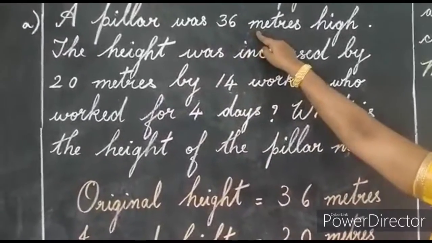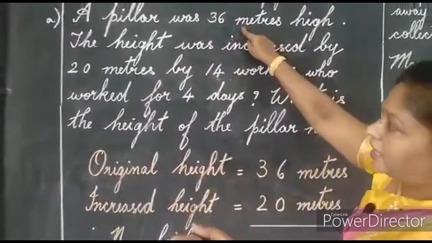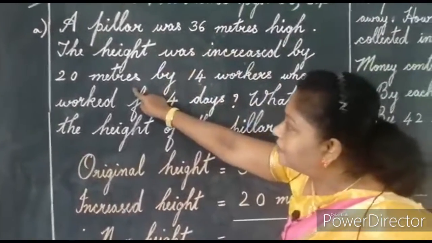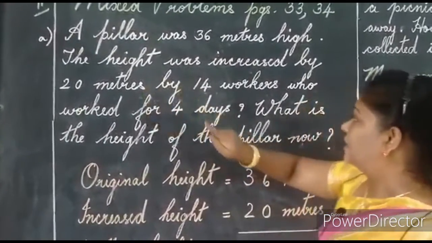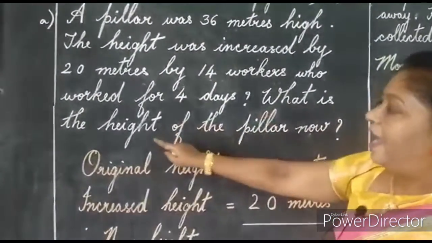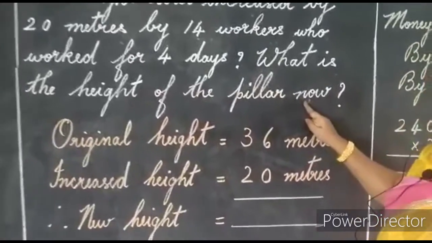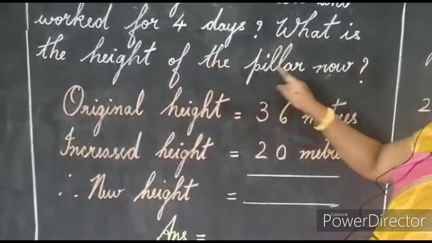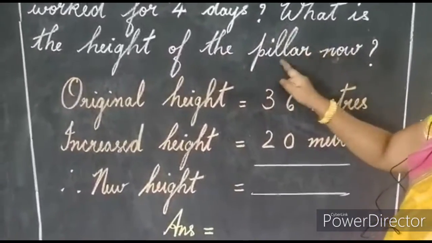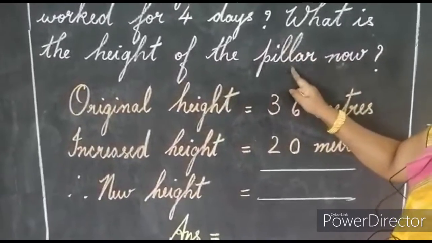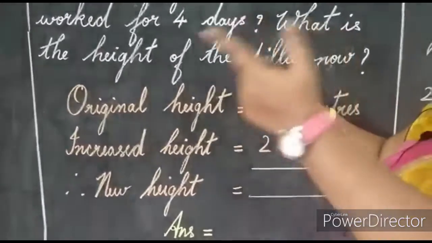36 meters was the old height or the original height. Now it is increased by 20 meters because the final question has to be concentrated more. What is the height of the pillar now? The question is only about the height of the pillar now after the increased height.